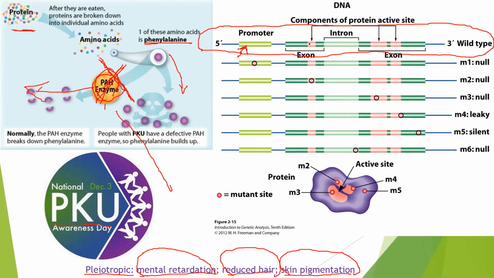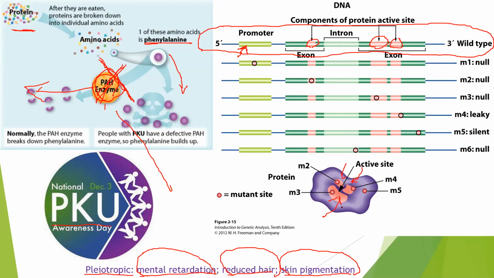Okay, now in this diagram, as you can see, some areas in the exon are labeled with red, which means those regions are very important. Nothing can be changed in this region because those are very critical regions. Those regions represent the most active sites in this protein, in this enzyme.